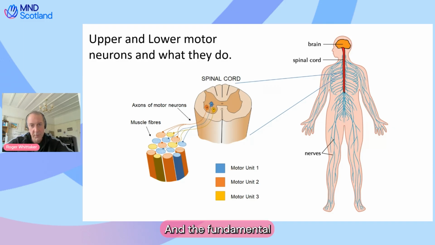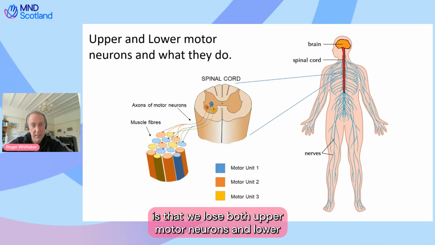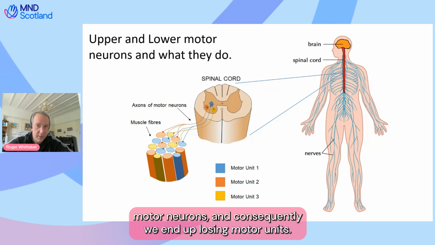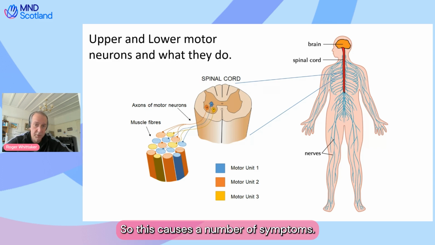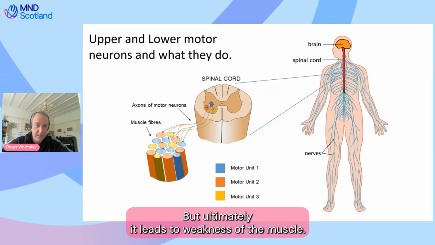And the fundamental pathology in motor neuron disease is that we lose both upper motor neurons and lower motor neurons, and consequently we end up losing motor units. So this causes a number of symptoms and signs, but ultimately it leads to weakness of the muscle.